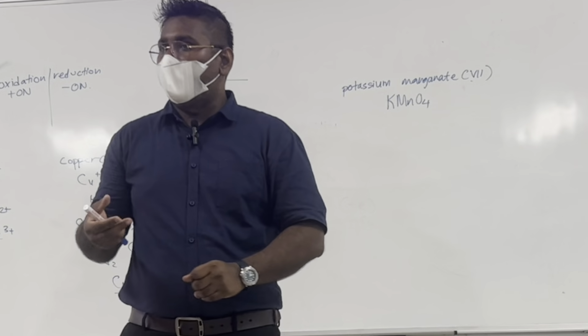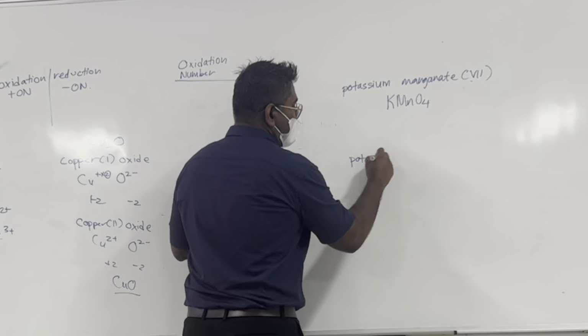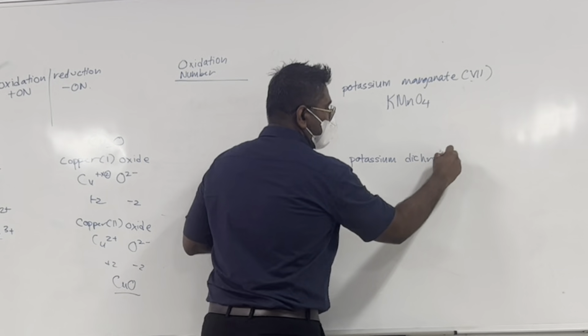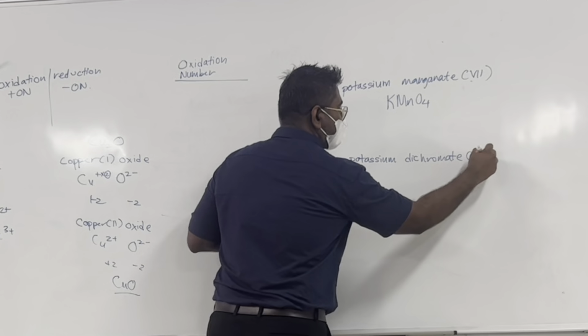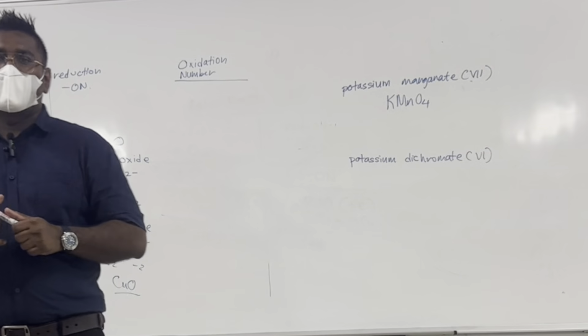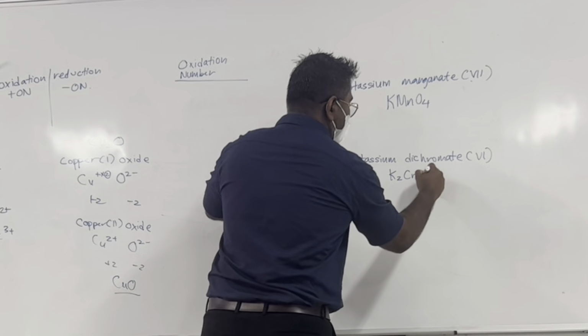Okay, and we also have potassium dichromate 6, which is K2Cr2O7.